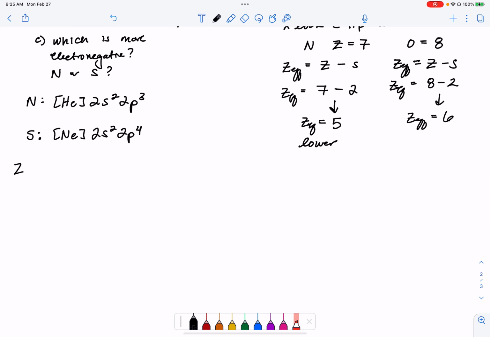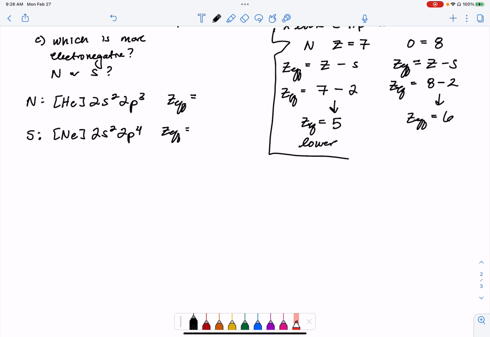So first, let's do an analysis of effective nuclear charge, ZEFF. Let's do it over here. So remember, effective nuclear charge can be approximated by taking the number of protons that your element has and then subtracting the strength of that positive charge from those numbers of protons by the amount of core electrons that are shielding your valence electrons from that positive pull.